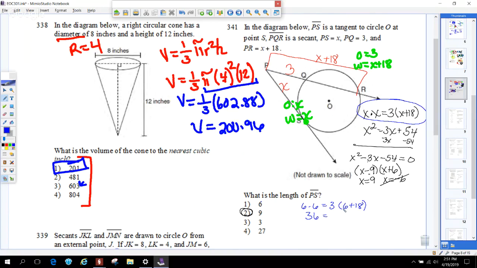Did I do that right? I did do it right. 6 plus 18 is 24. So obviously 72 does not equal 36, so it's not choice 1.